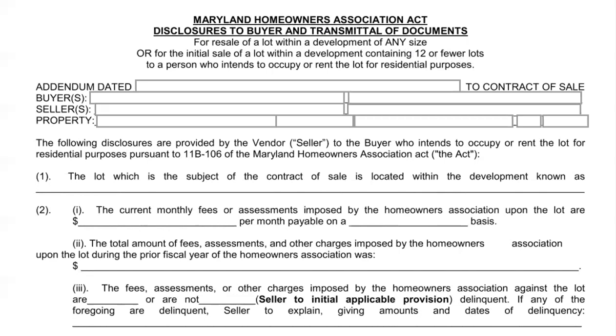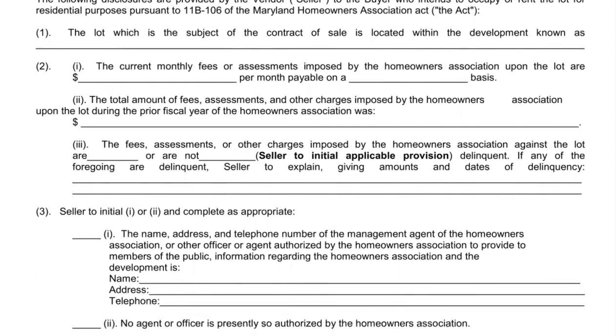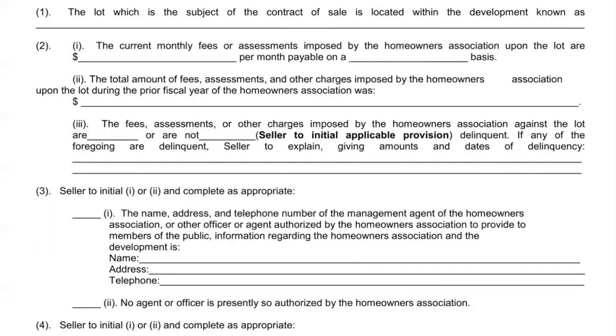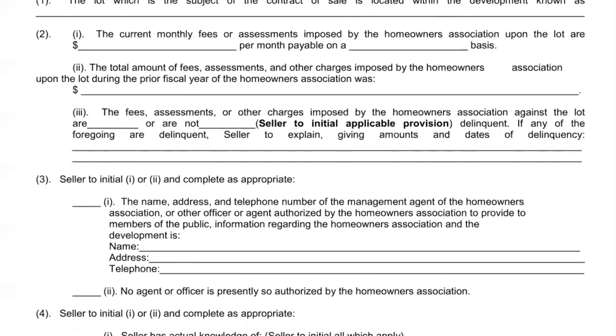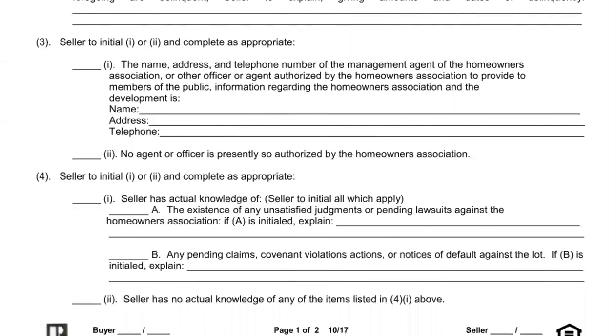And this basically is where the seller actually fills out all of their required disclosures that were set forth in the notice. So they name the development, they lay out any fees, they lay out the total fees that were charged this past year, and they also have to provide any actual knowledge of any active lawsuits or delinquencies against the lot.